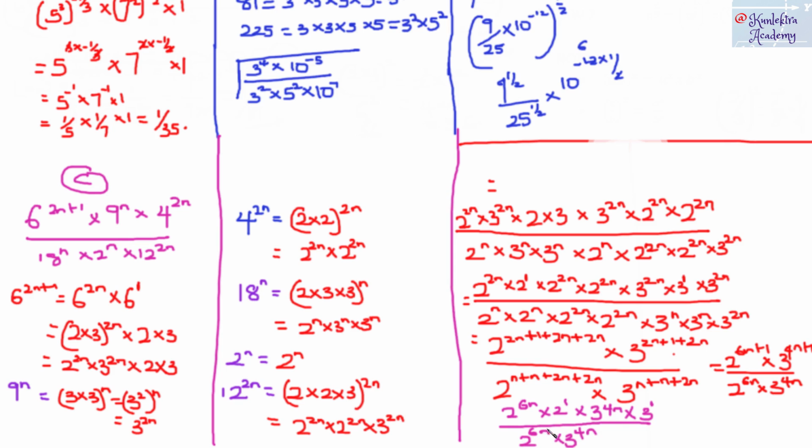Then this 2 raised to the power 6n and this 2 raised to the power 6n will cancel each other. This 3 raised to the power 4n and this 3 raised to the power 4n will cancel each other. Then what do you have left? We have 2 raised to the power 1 times 3, and that is 2 times 3. The answer is equal to 6.